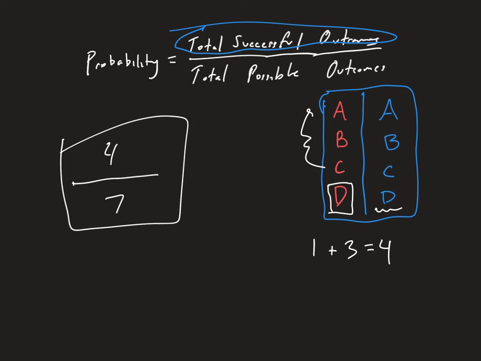So that's a simple way to look at this problem, because there's a bunch of different possibilities. You could have a red A and a blue C. That's a possible outcome. But we only looked at possible outcomes if you choose a red D. That's how we got 7 as our denominator, because if you choose a red D, there's only 7 possible outcomes for the other card.